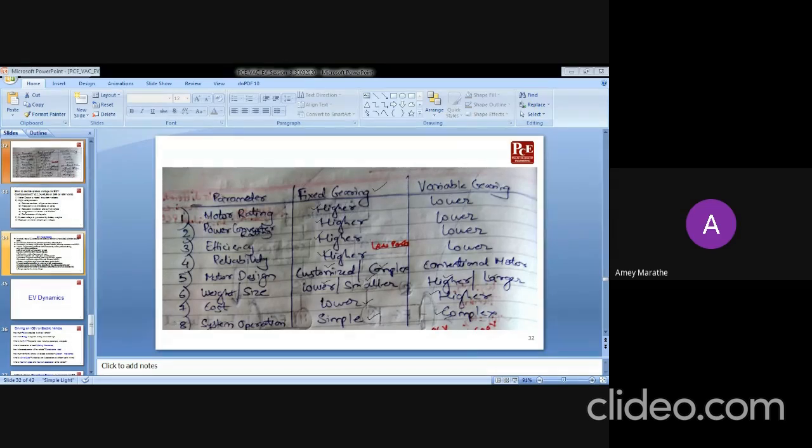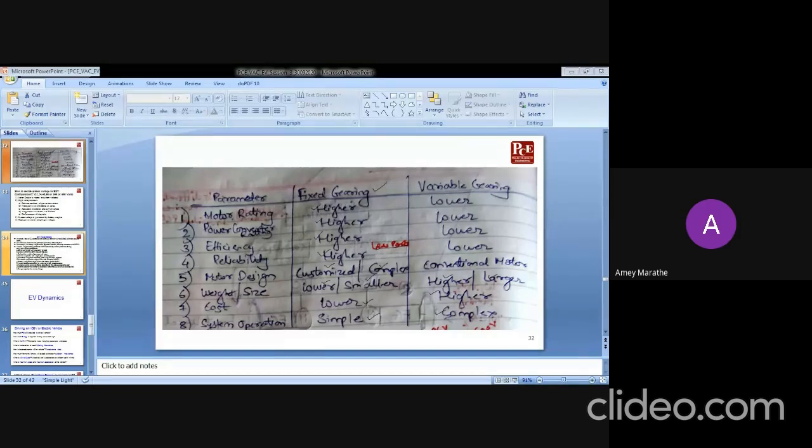Then we slowly shifted our focus to configurations. We saw a general EV layout, where the EV system can be bifurcated into three important subsystems: the electric propulsion subsystem, the energy source subsystem, and the auxiliary subsystem.